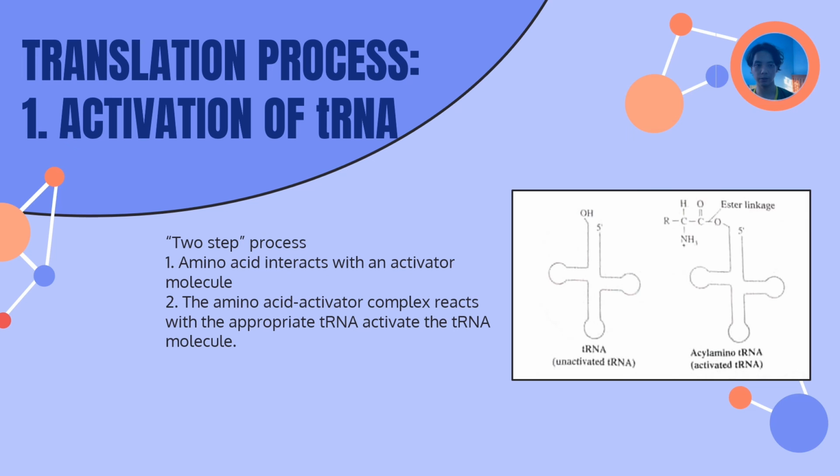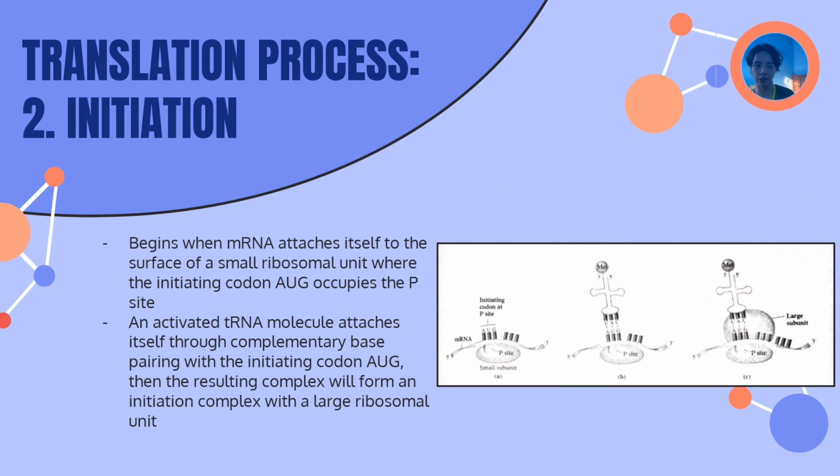The second step of the translation process is initiation. The initiation of protein synthesis in human cells begins when an mRNA attaches itself to the surface of a small ribosomal subunit such that its first codon, which is always the initiating codon AUG, or methionine, occupies the site called the P site.